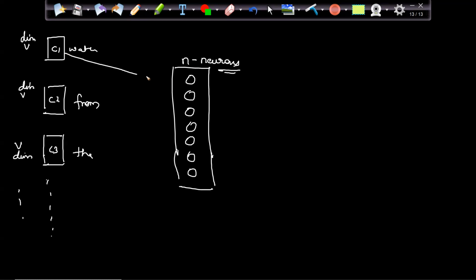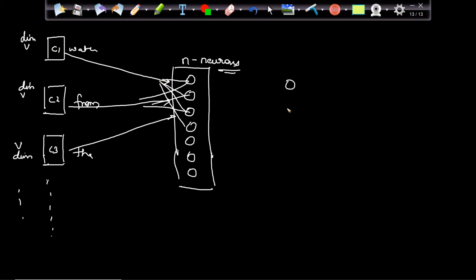I am passing these words, and this is a fully connected network, which means that C1 is connected to this neuron, this neuron, and this neuron. Same way C2 is connected to every neuron, and C3 is connected to all the neurons.